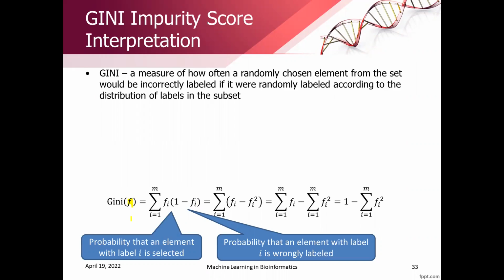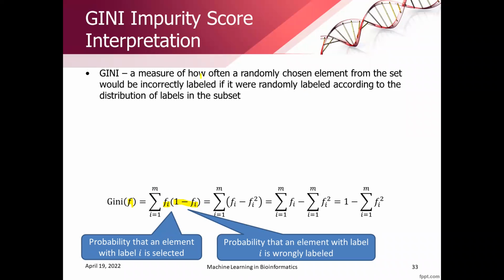And here we have a sum, and Fi is the frequency for class i, and 1 minus Fi is the frequency of all remaining classes. So this can be interpreted as the probability when we randomly pick an element that it belongs to class i, and the second part is the complement, the probability that it doesn't belong to class i. And we sum this for all classes.